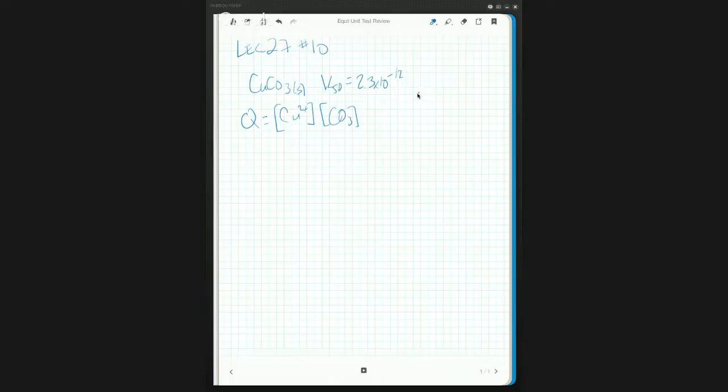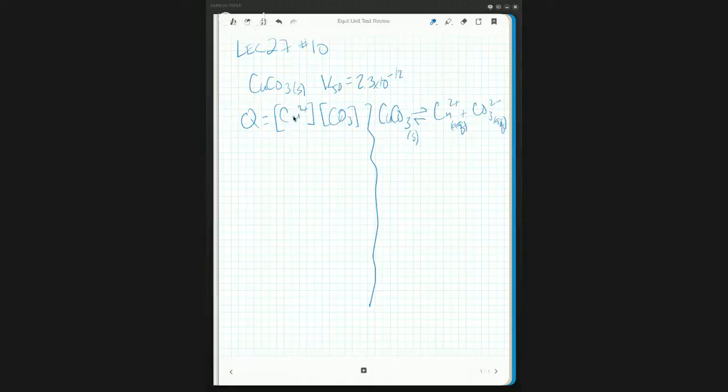Because you remember, let me just draw something here. The equation we have is CuCO3, a solid, in equilibrium with Cu2+ and CO3 2-, and these are aqueous. Okay. So there's our equation. It would be K, but we're in a situation where we don't know what it actually is.